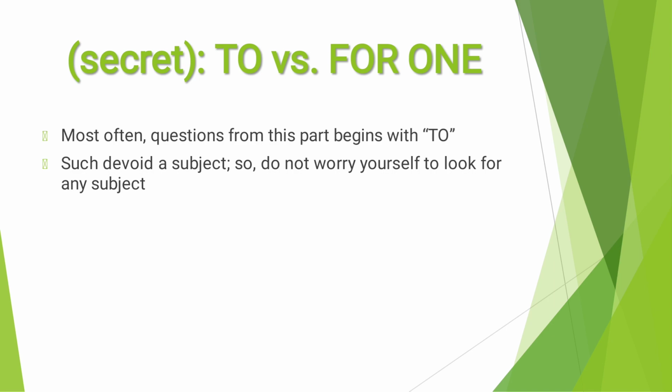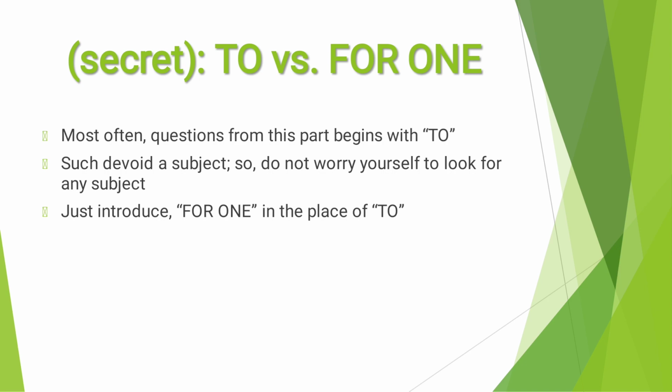In law we say simpliciter. Just introduce "for one" in the place of the missing subject. This is a secret that will save your life. We are done with dangling modification.